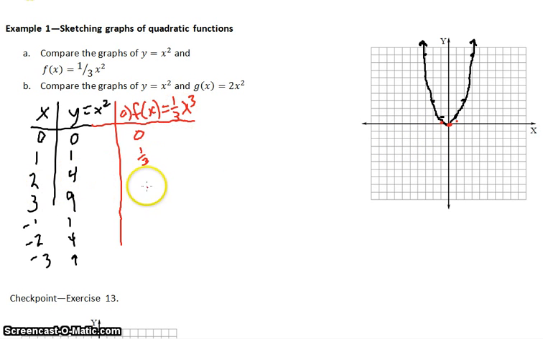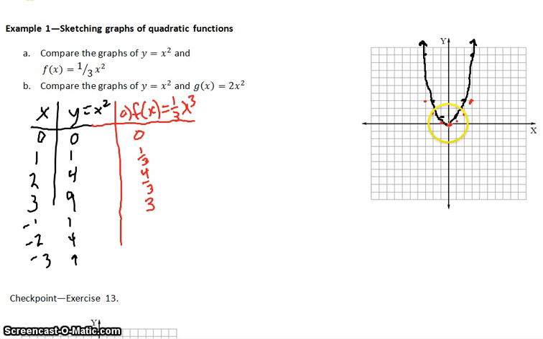But when we multiply it by 1/3, it's going to be 4/3. So I'm going to go to 4/3, which is about right here. Then for 3, it's going to be 9 in the original graph. I'm going to multiply it by 1/3, I get 3. And these are all symmetrical, so I'm going to put these on the other side as well.